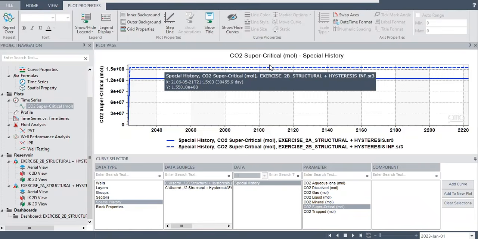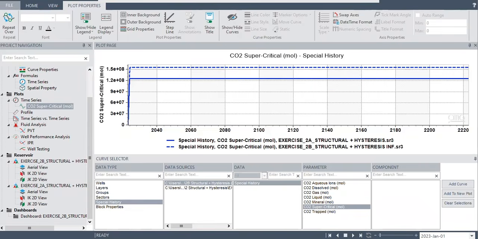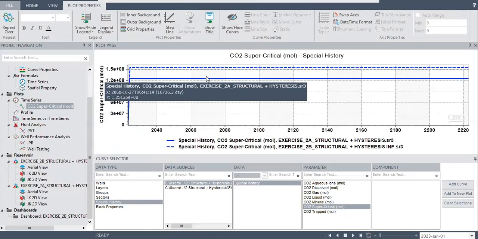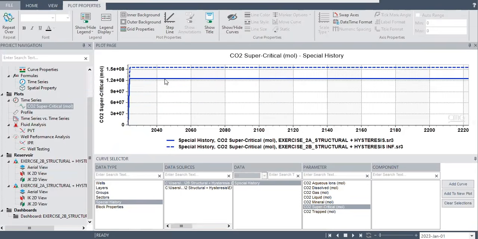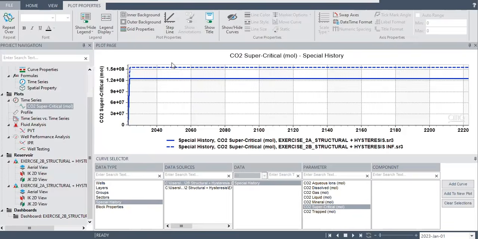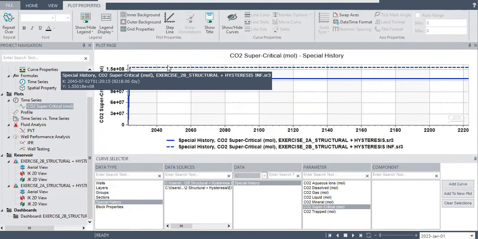That's why we can inject more within the injection period. But in the case of the limited reservoir, the volume is limited, so we arrive at the constrained bottom hole pressure very quickly. So that's why we inject more CO2 in the infinite aquifer case.